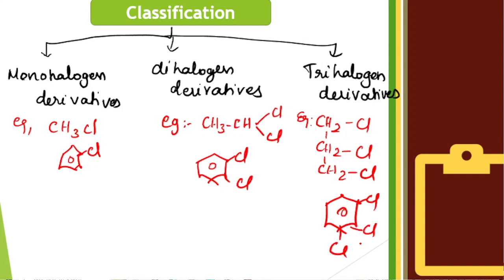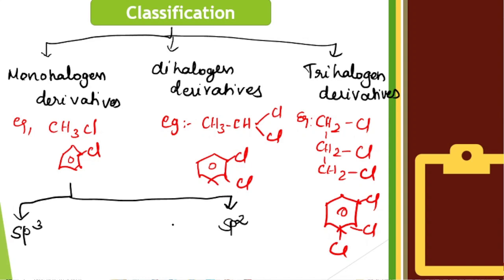Now, the monohalogen derivative is divided into two. One is sp3 hybridization, which means it will have the single bond. Another one is sp2 hybridization.